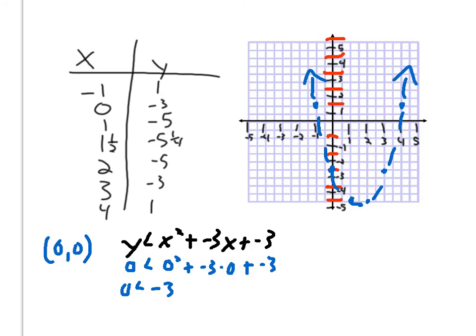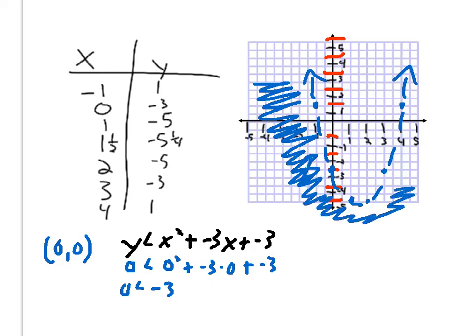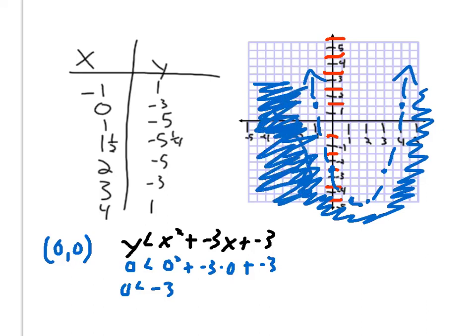So my shading goes out here to show that points out here are solutions. And you don't have to color it all the way in. Just enough so that we can see that the solution region is out around the outside of the parabola.